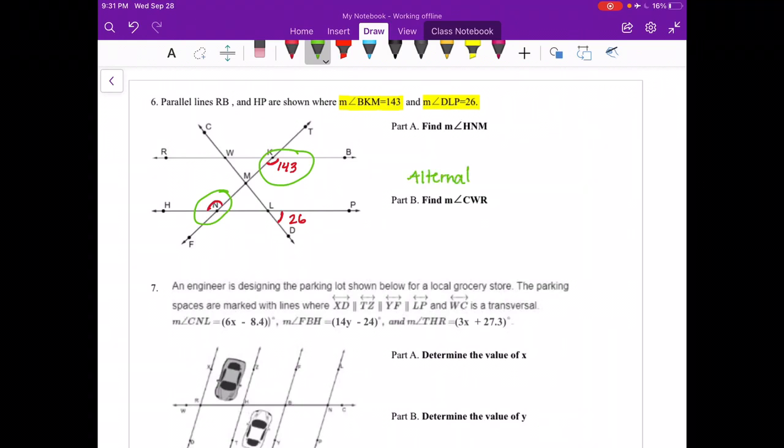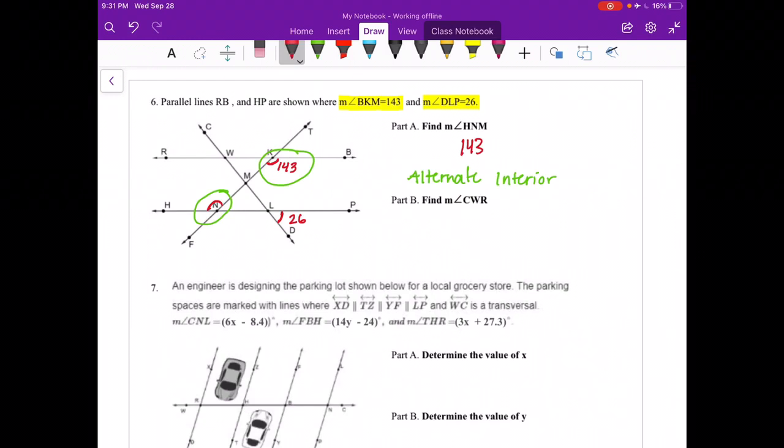So we're going to write the words alternate interior angles. Alternate interior angles are always congruent. So if BKM is 143, then HNM also has to be 143 degrees. So we finished part A.